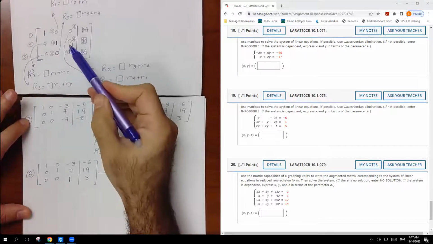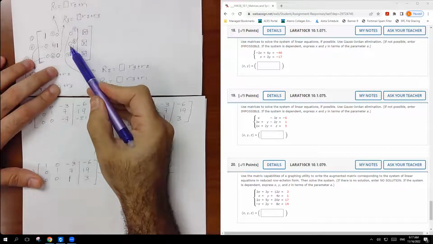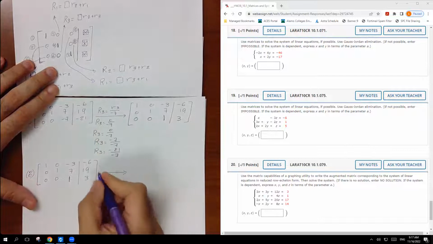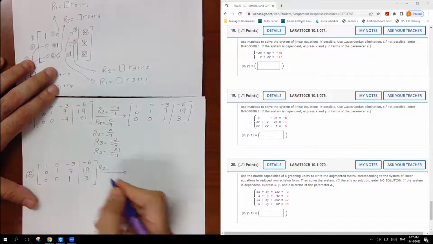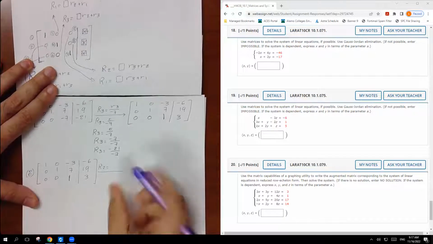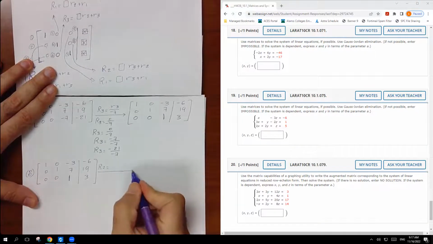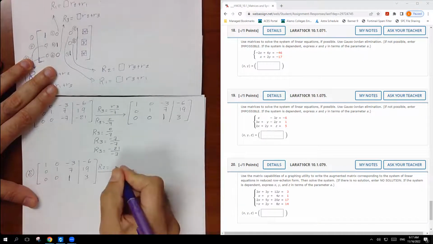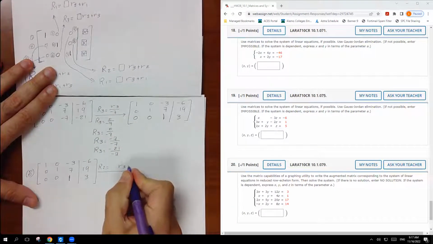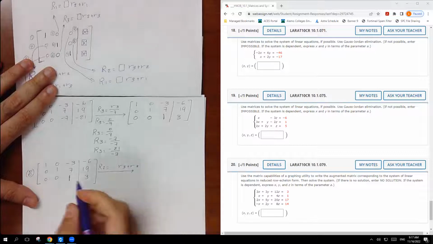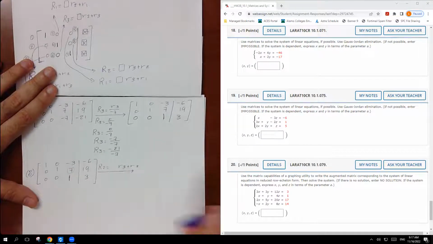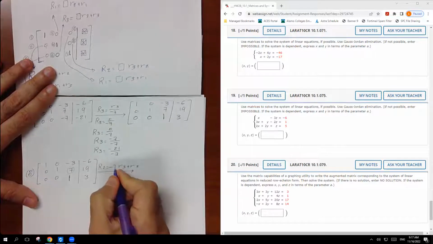Here's step 8. Convert the number in this location to 0. So step 8 says R2 equals the number in this location, which is 7, times R3 plus R2. So what I'm going to do is write down -7.